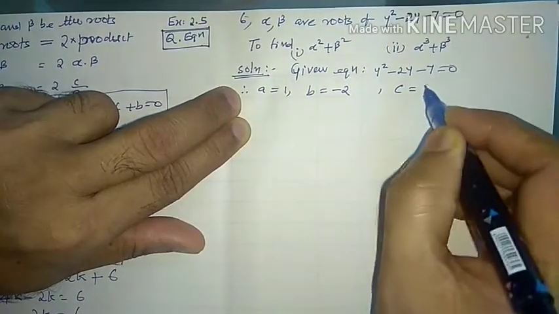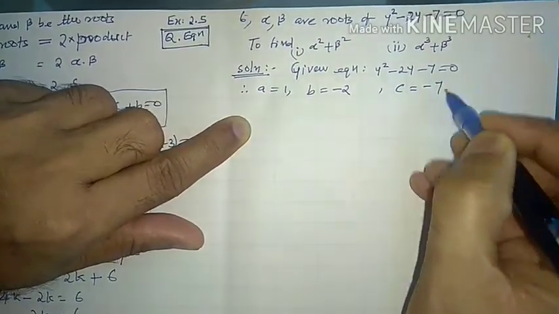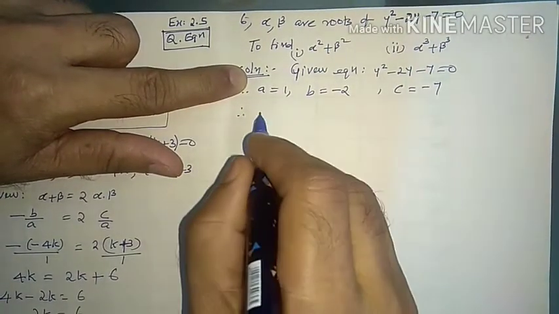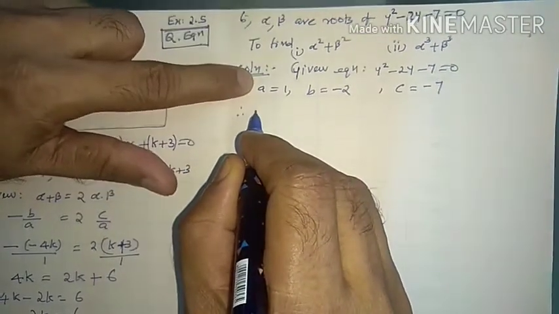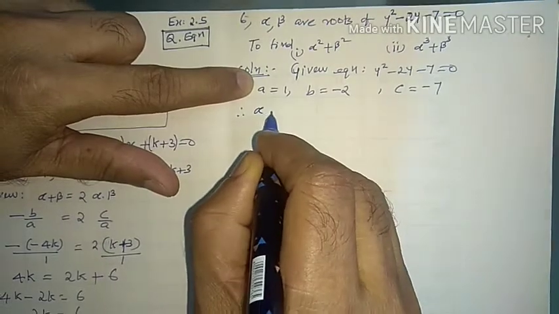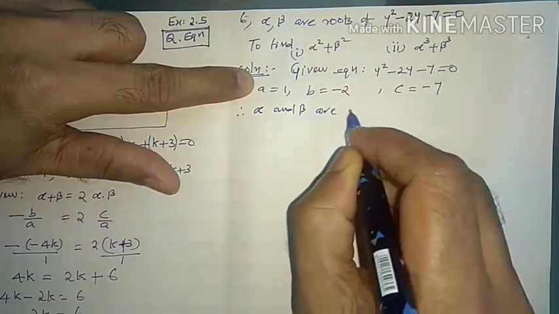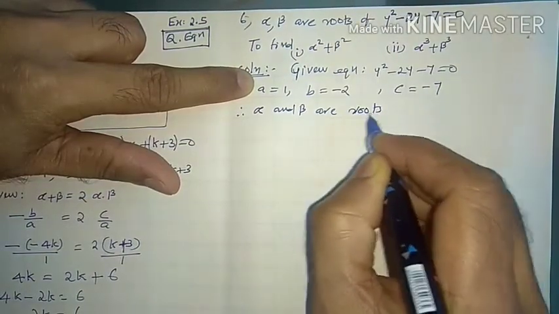And c is equal to the constant, here minus 7. Therefore, alpha and beta are roots.